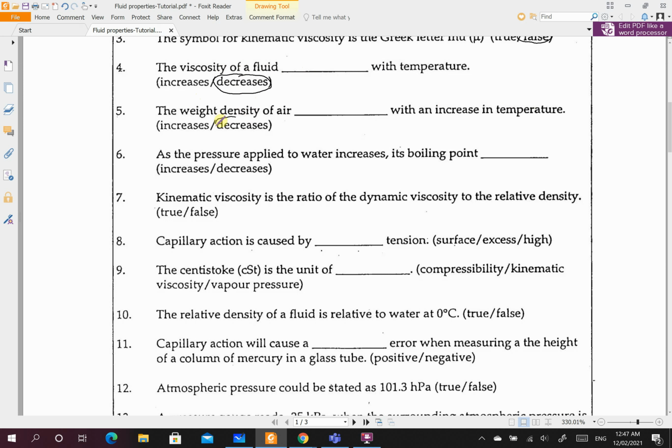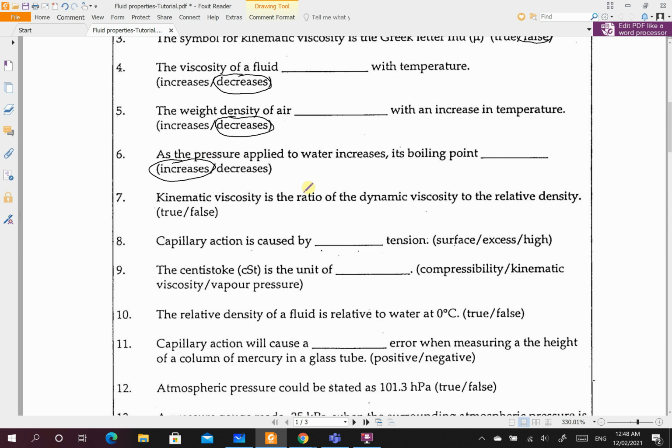It decreases. As the pressure applied to the water increases, its boiling point increases or decreases. Alright, this here increases. As it says in the notes, as we go up a mountain, if we have a higher pressure around the water, it's a higher boiling point. Just look at that chart in the appendix and you'll be able to find where this is sitting.